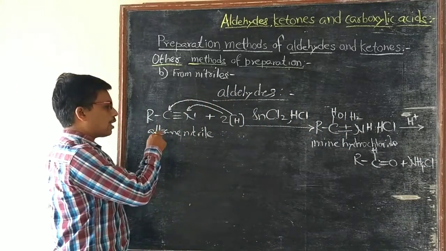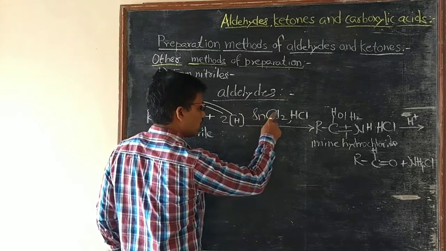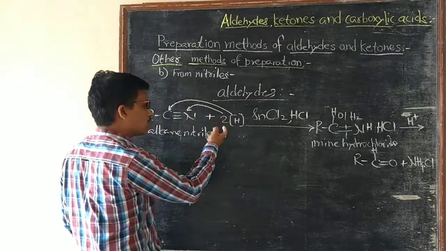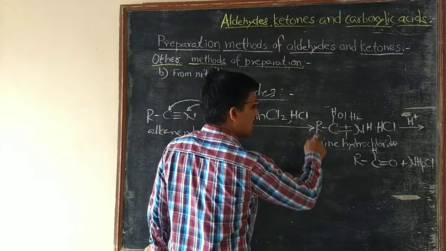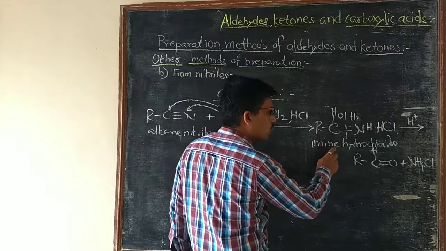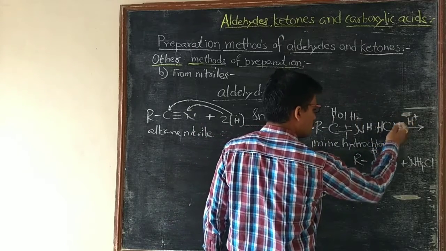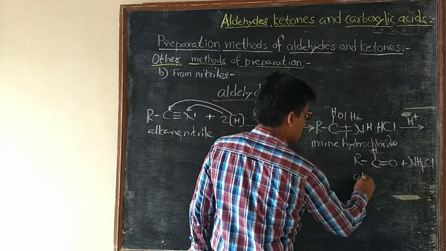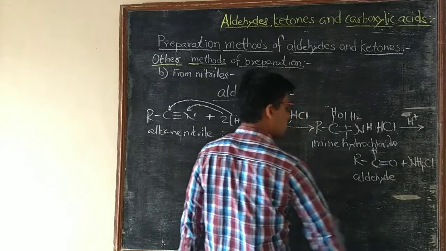That means when alkane nitrile is treated with stannous chloride and hydrochloric acid, it undergoes reduction to form its imine hydrochloride. That imine hydrochloride further undergoes hydrolysis in presence of H plus to form the corresponding aldehyde and NH4Cl.